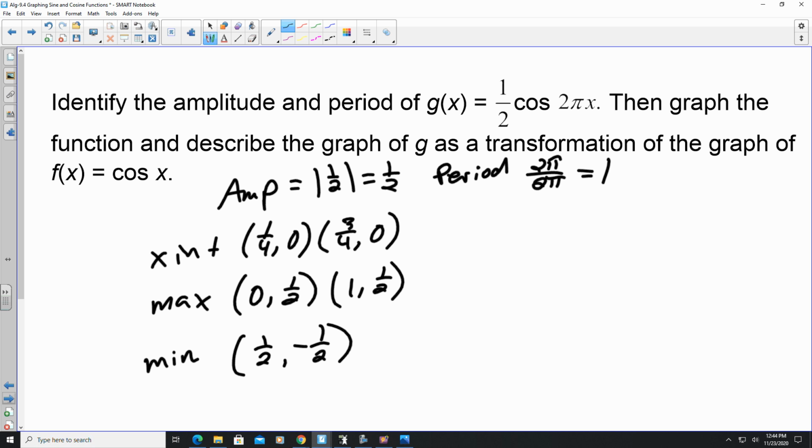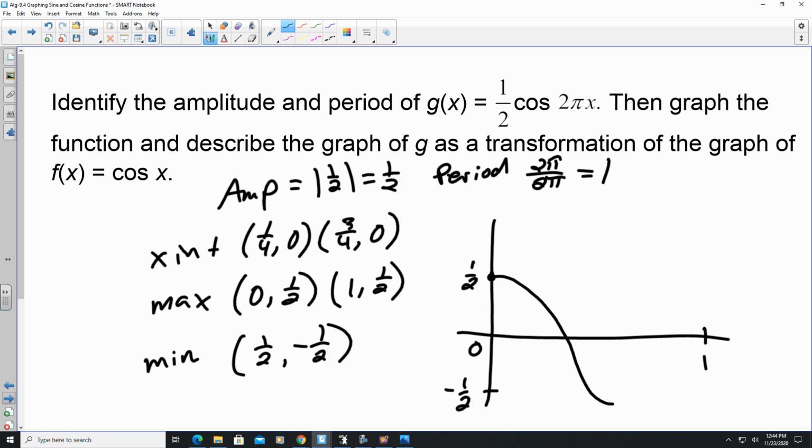All right. So if I were to graph this, here's my 0, and let's say this is 1. It's going to start at 0, 1/2. I'll say this is 1/2, and this is negative 1/2. It's going to go something like this and then come on up like so.